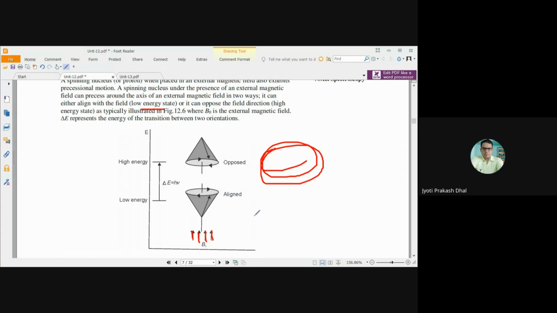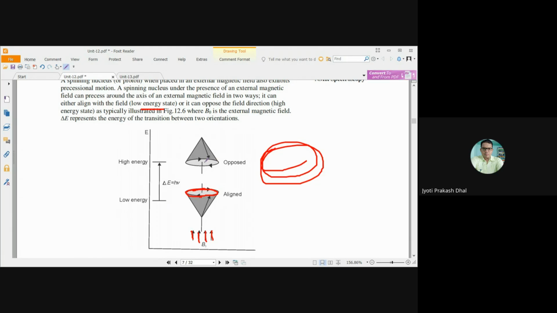With reference to the external magnetic field, if it precesses around its own axis in the same direction, that is the clockwise direction, then it will align with the external magnetic field, and that possesses lower energy.